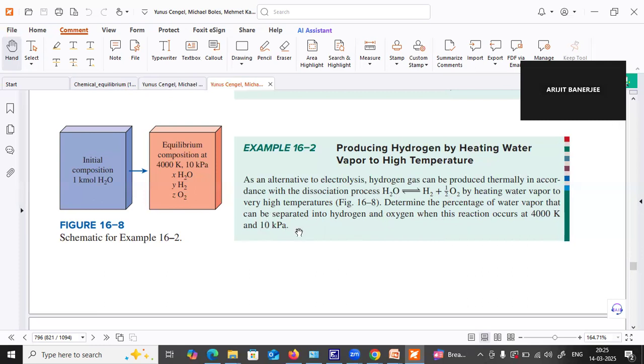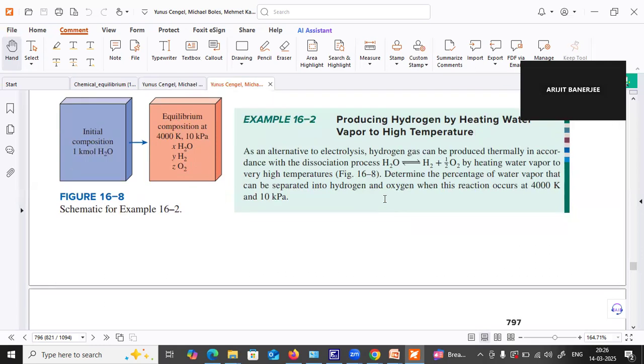So that means we are trying to understand that if we produce hydrogen by heating H2O vapor at very high temperature instead of electrolysis, how much hydrogen can be produced? That is our target. So now we will see whether at all it is feasible, economical to produce hydrogen in this method.